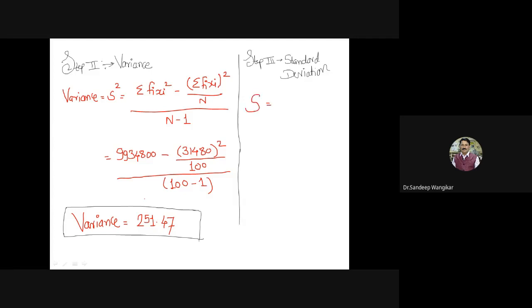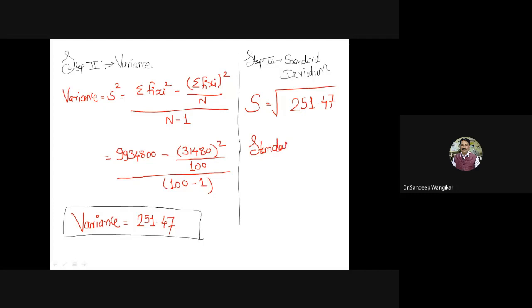This is the value of S square. So S is nothing but the square root of 251.47. So you will get in this case 15.85, okay, 85, 86, whatever.